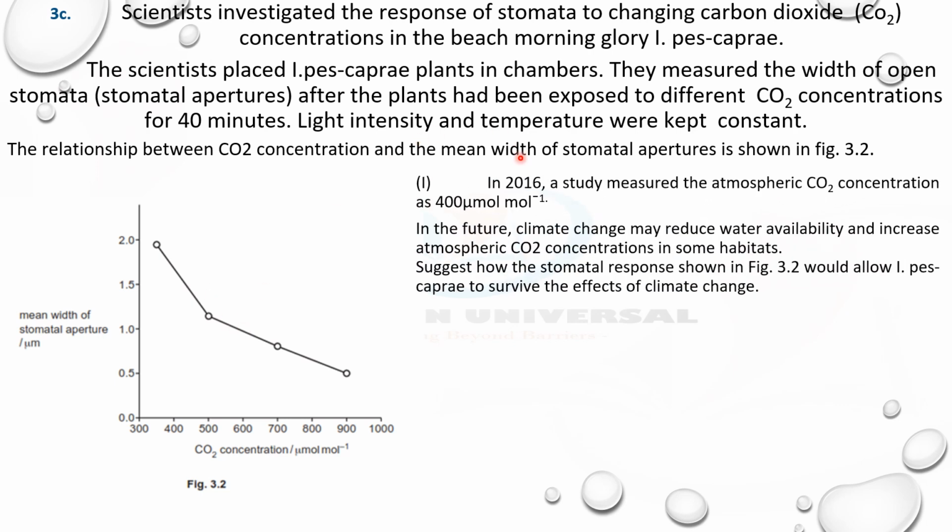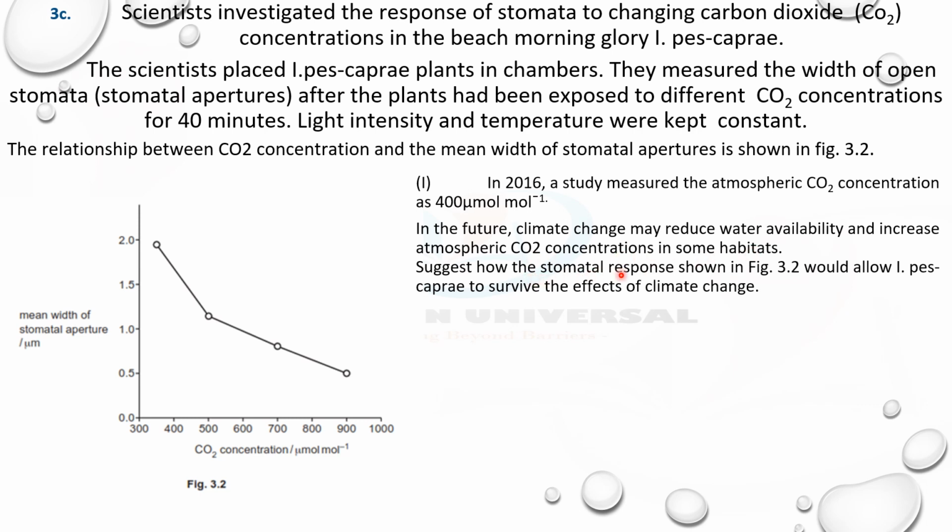The question says in 2016, our study measured the atmospheric CO2 concentration as 400 micromole per mole. In the future, climate change may reduce water availability and increase atmospheric CO2 concentration in some habitats.